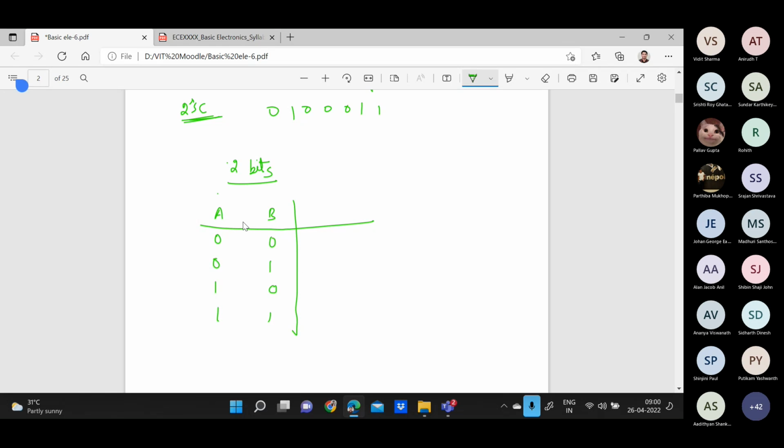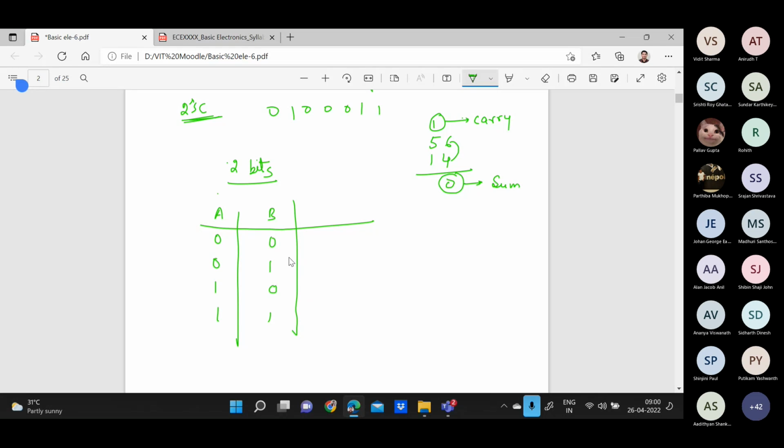And if you add two numbers, just like I'm adding in the decimal number system, like 56 and suppose 14, 6 plus 4 is 10. I'm taking 0 here and 1 is the carry. Same thing. This is called the sum and this is called the carry.